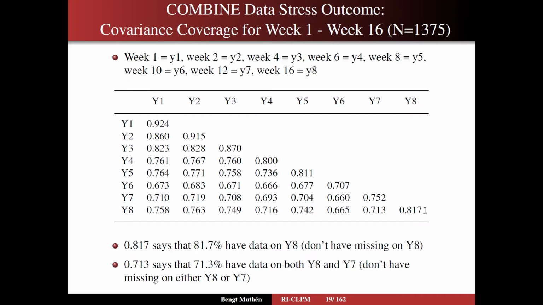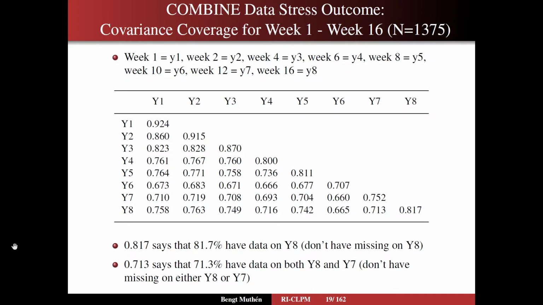That is, they don't have missing on that. So that's a fairly good, very low attrition rate, fairly good coverage at the last time point. And then we also want to look at covariances between Y7 and Y8. 0.71 says that 71% have data on both Y8 and Y7. So fairly good bivariate coverage as well across time, which is important when we look at cross-lag modeling.